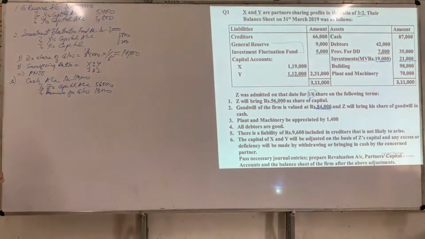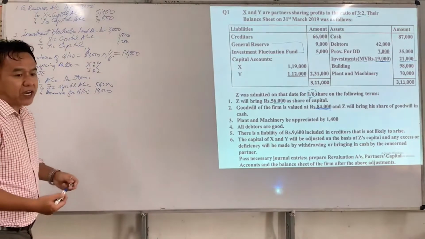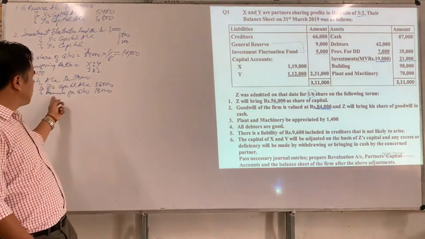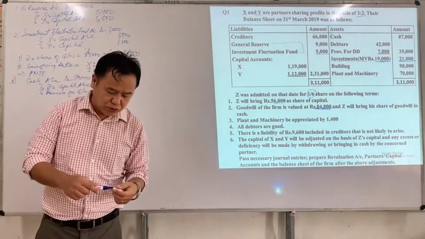Here cash account is debited, since cash is an asset of the firm and cash is coming into the business. If cash increases, it should be debited. Whereas Z's capital account is credited because he has brought his capital into the business and capital increases. And premium for goodwill: the premium brought in by the new partner does not belong to the firm.